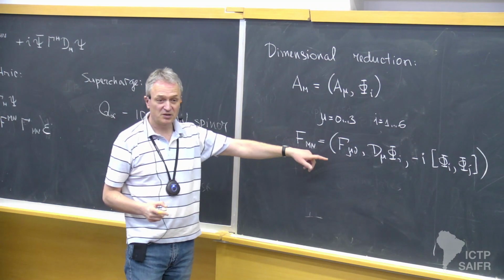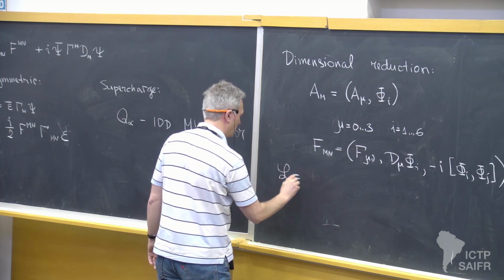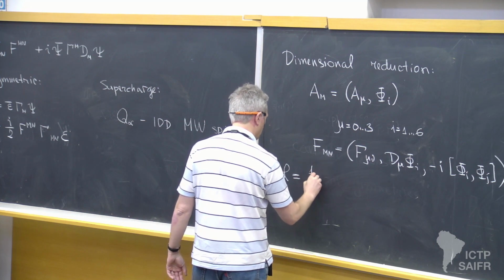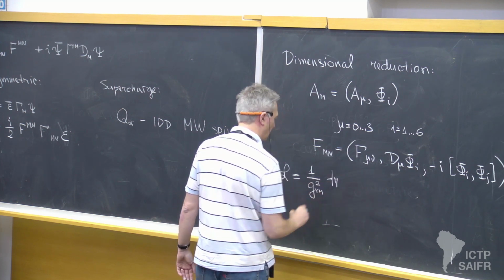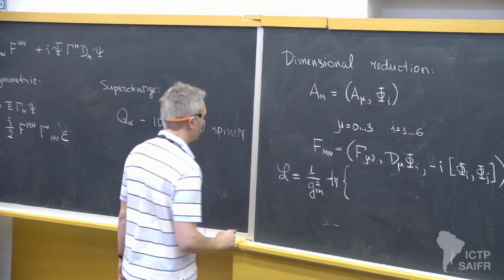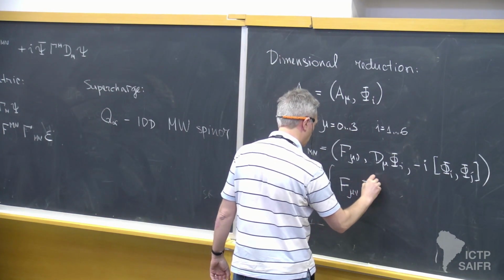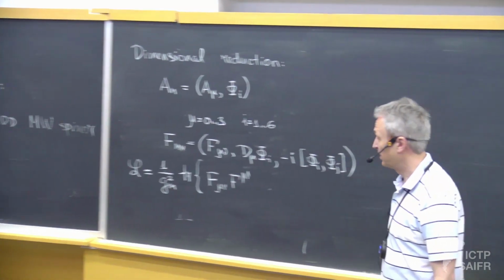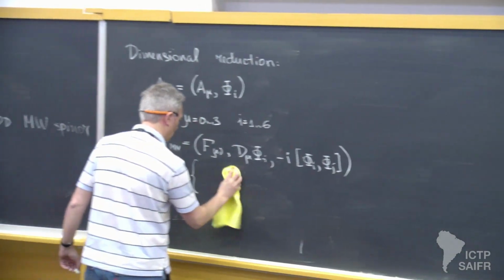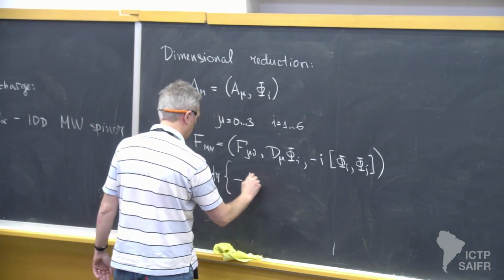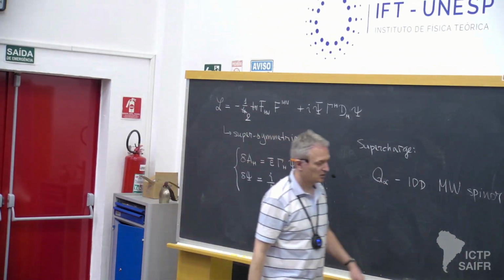So then we need to take the square of this to write the Lagrangian. Well, the Lagrangian then becomes this. Now let me introduce also the gauge coupling. There will be 3 terms coming from F_MN squared. One is the usual F_mu nu in 4 dimensions. It comes with the coefficient minus 1, so I prefer to normalize everything to 1/2.